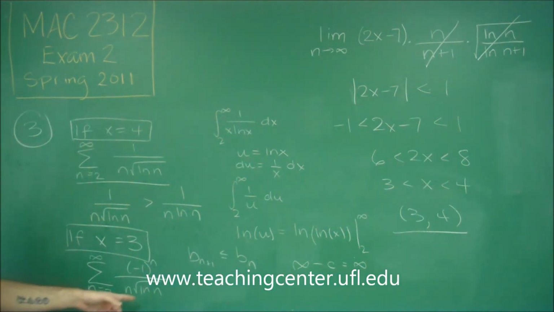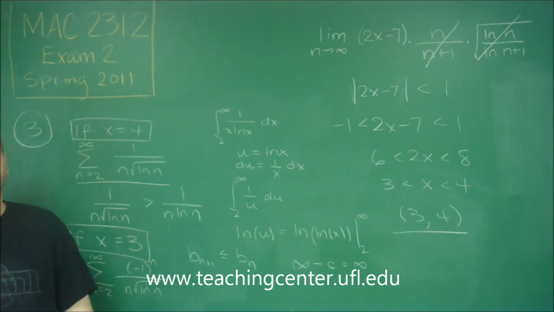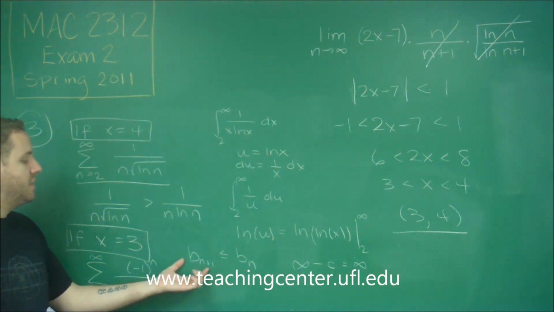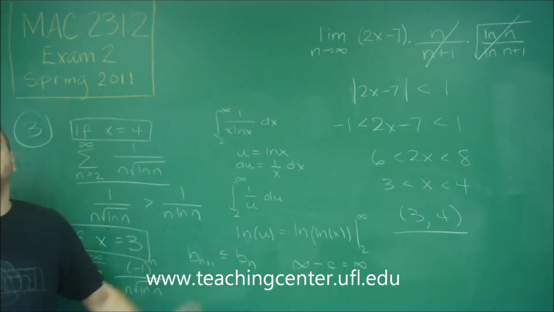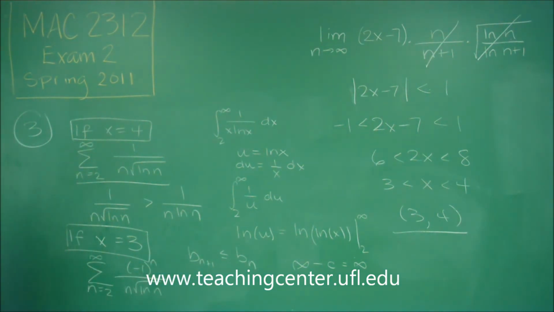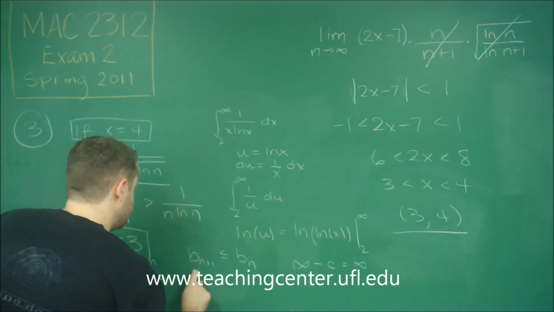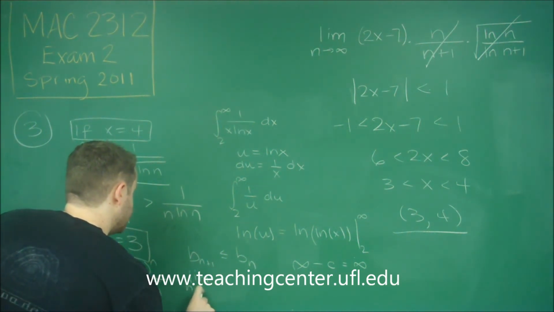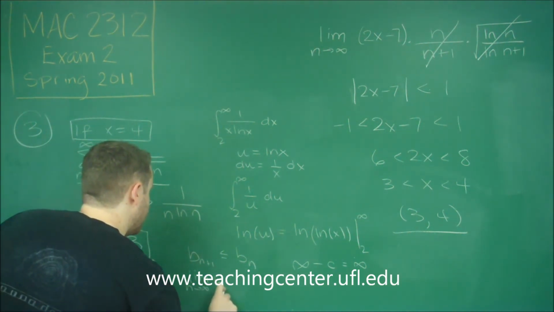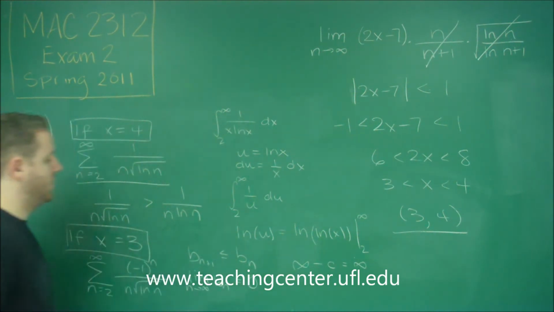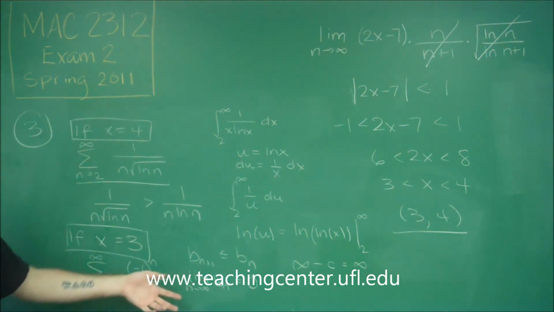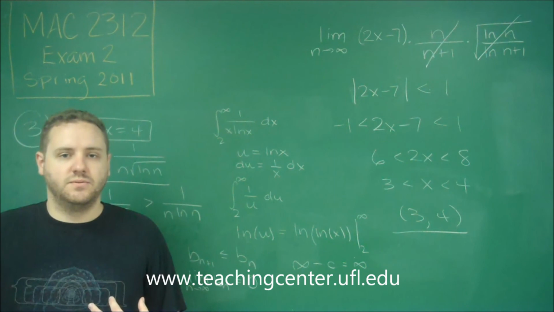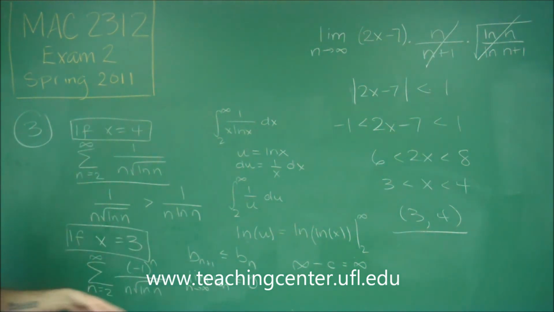You can see here, if you increase n to n plus 1, you're only making the denominator bigger. Every n plus 1th term is going to be less than the nth term, so that's definitely true. We need to see the limit as n goes to infinity of b sub n equals 0. Let's see if that's true, and if both of these are true, then we can say this converges by the alternating series test.